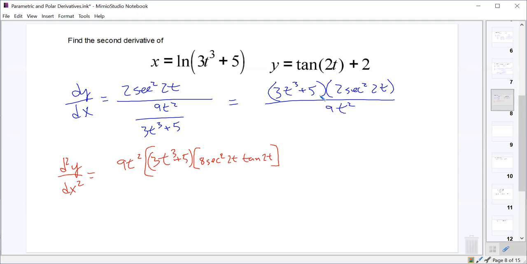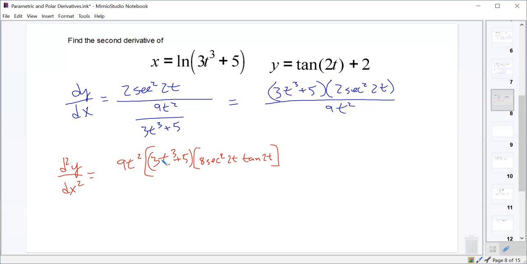Hopefully I did that right in my head. Wouldn't that just be regular secant? Because you have to do the power rule on secant. Yeah, it's 4 secant 2t times the derivative of secant 2t, which is 2 secant 2t tangent 2t. Oh yeah, so that's why it becomes a secant squared.